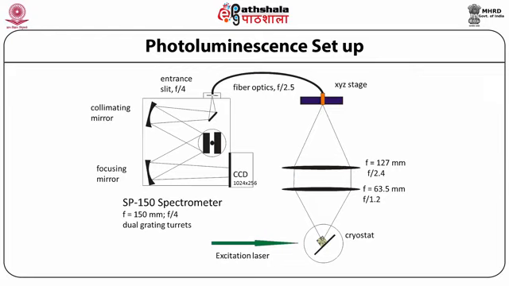Here the whole setup is placed on the spectrometer SP150 having f equal to 150 mm, f by 4 dual grating turrets. Now this light falls on two lenses, the first with f equal to 127 mm and the second with f equal to 63.5 mm, which focus on the sample placed in a cryostat.